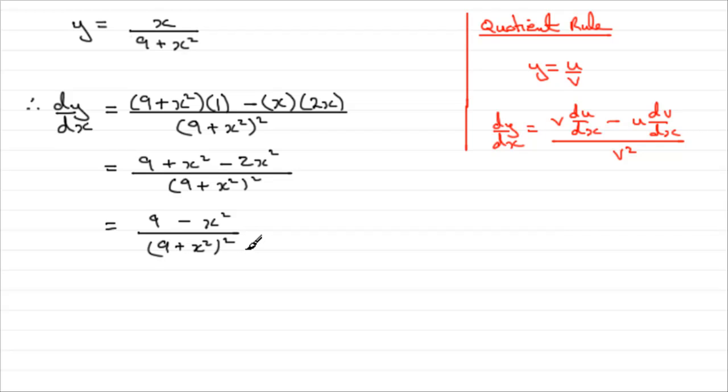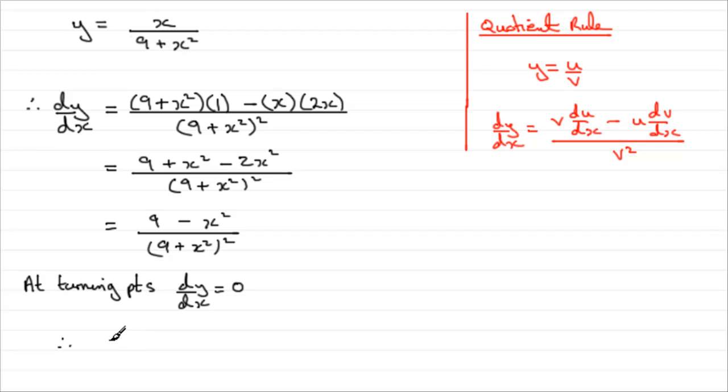Just leave it unexpanded. Now at stationary points, well, at turning points, that's what the question was about. Mind you, it would be the same for stationary points. That is, dy by dx, the gradient, would be equal to 0. So I'd encourage you to write that in as well. And so what's that going to mean?